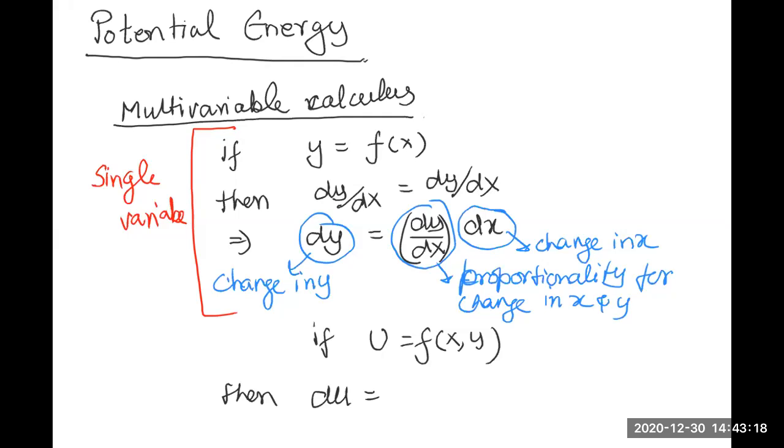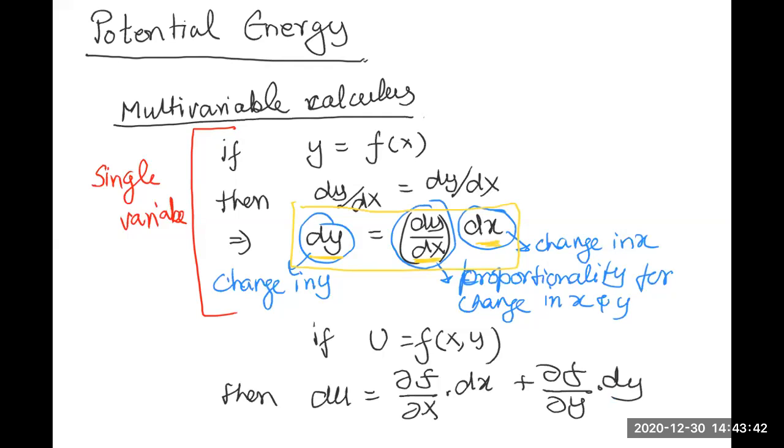And I'm going to sort of extrapolate from this. Change in y is equal to dy by dx into dx. So change in u is equal to del f by del x into dx plus del f by del y into dy. Please notice the symbols that I've used are slightly different, and I think we have discussed these symbols before.